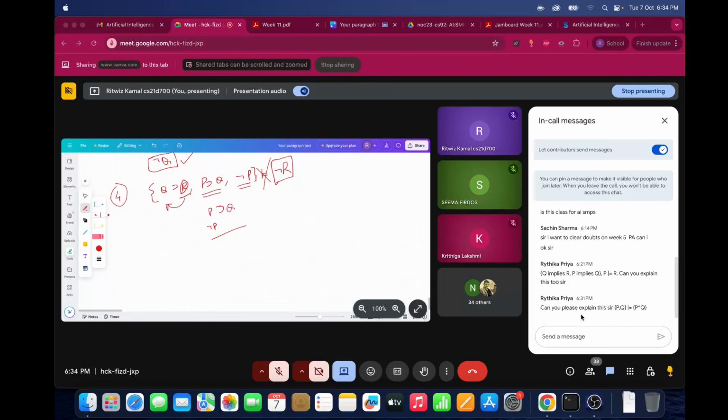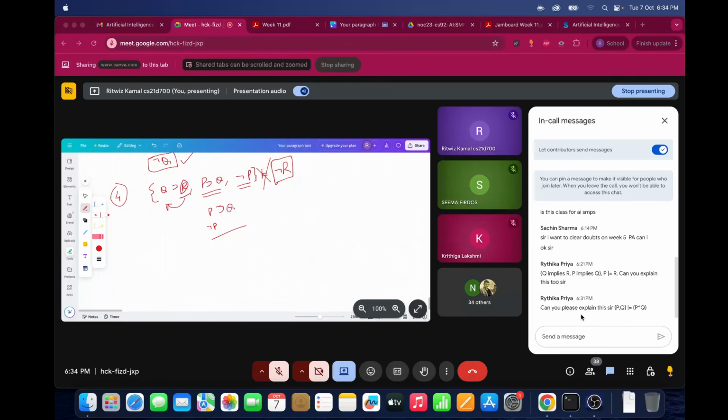No, right? This is not, because we have said P or Q is true. So this could happen when P is true or Q is true, or both are true. So we cannot definitively say that P has to be true. There can be a case where P is false but P or Q is true. So this is not a valid entailment.